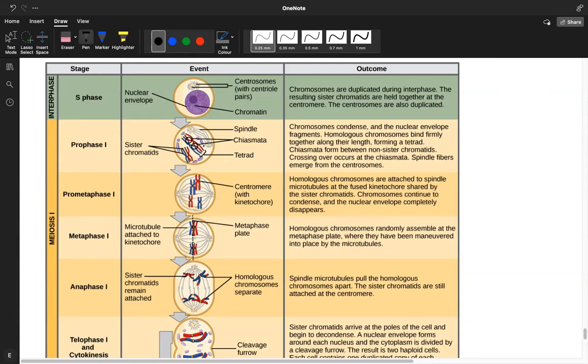That spindle is moving towards opposite poles now. One is going this side, one is going the other side. The nuclear envelope is fragmented, so we see these fragments, and then all the chromosomes are out in the open. Homologous chromosomes bind together along their length, so they kind of hug together.